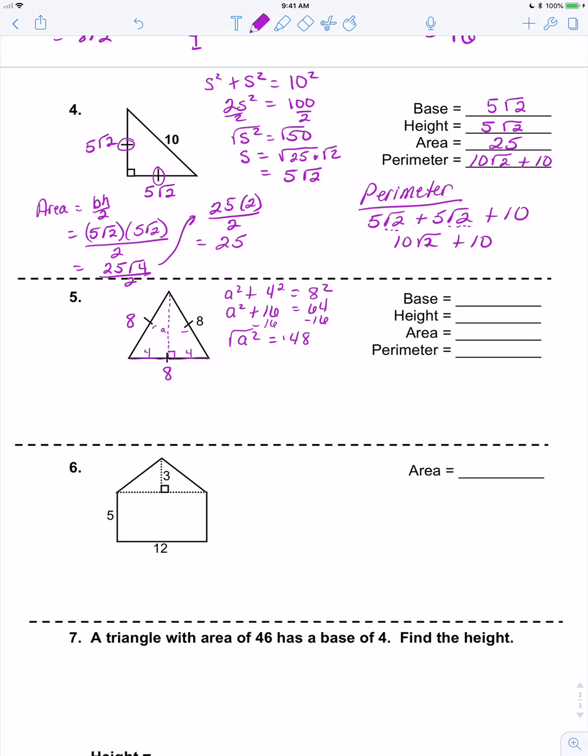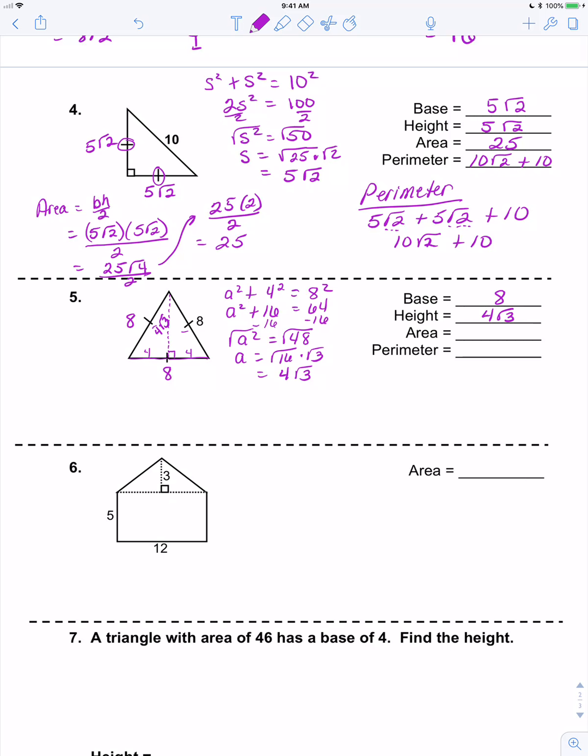Take the square root of both sides. A is, so 48 rationalized would be 16 times 3. So the square root of 16 is 4 square roots of 3. So this height here is 4 square roots of 3.